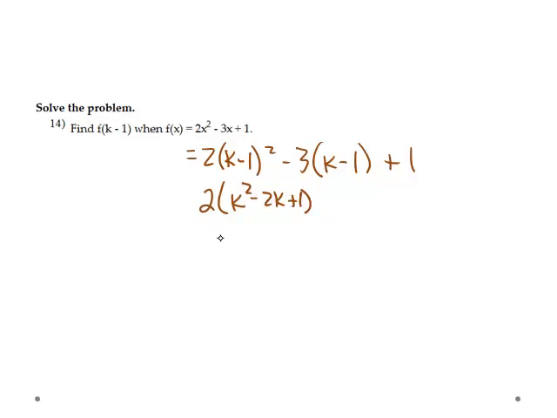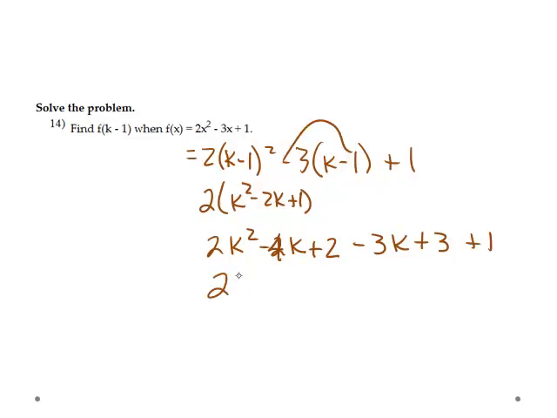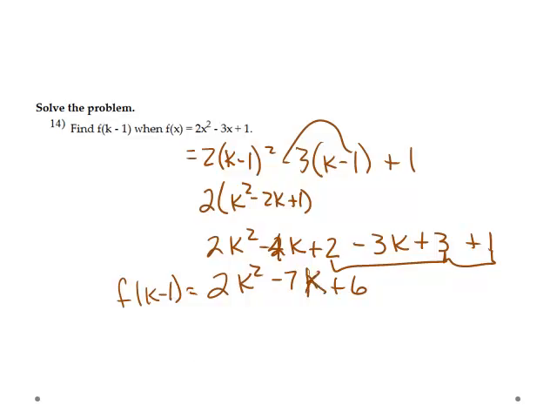And then multiply that out, you get 2k squared minus 4k plus 2 minus 3k plus 3 plus 1. Notice, don't get fooled by that negative business. Okay, 2k squared minus 7k plus 6. F of k minus 1 equals 2k squared minus 7k plus 6.